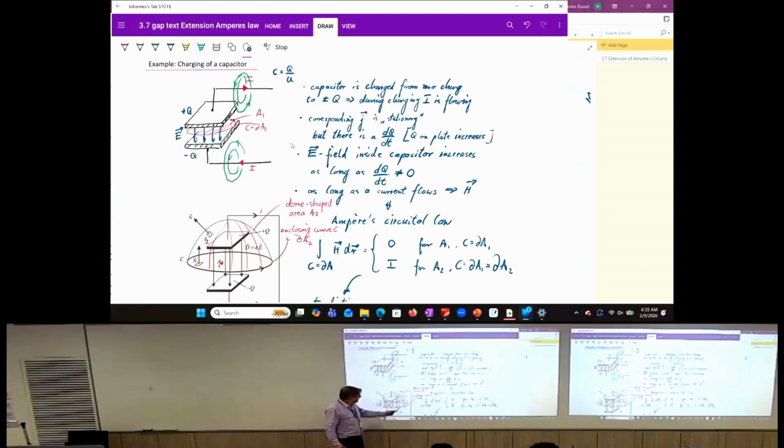And you see, either assumption is valid. Either way, we have an area and we have the enclosing contour, the enclosing path that we integrate around. But depending on which area is part of this contour, we get different results, and this is a contradiction. And we have to adjust for that. And let's see how we adjust for that.